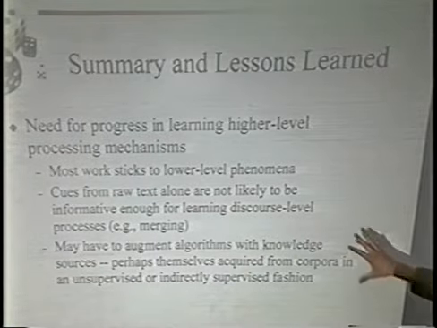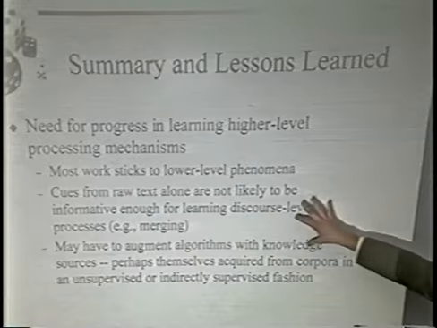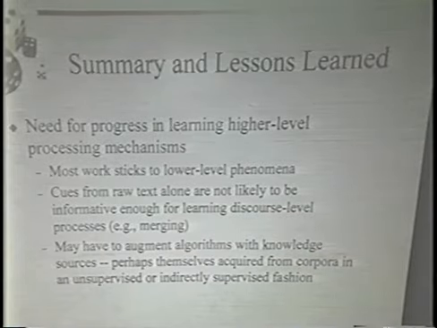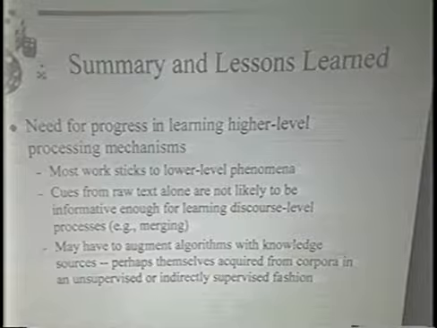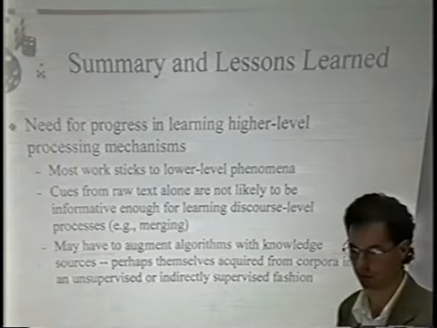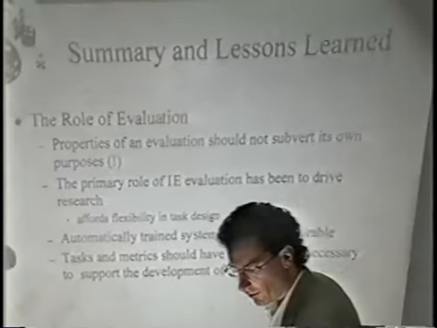But as we move away from that to parsing, to semantics, to discourse, we find that the features that we have direct access to in a text aren't so informative anymore. And we have to look to see how we might be able to augment these learning procedures with some kind of knowledge, perhaps acquired itself through some kind of co-training of some sort. Although admittedly, that's pretty pie in the sky right now. I don't have a lot of good suggestions along those lines.